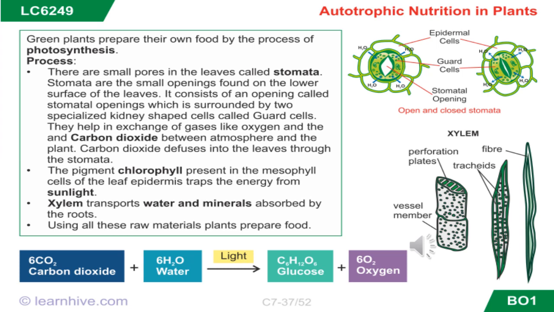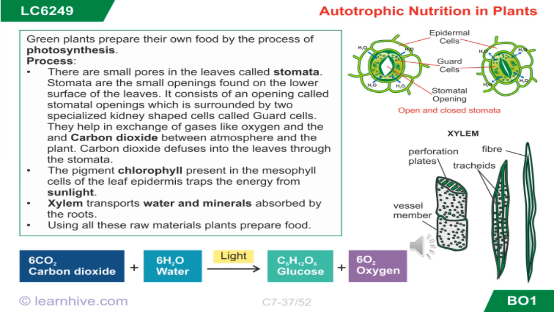They help in the exchange of gases like oxygen and carbon dioxide. Carbon dioxide diffuses into the leaves through the stomata, and chlorophyll is a pigment which traps the sunlight, and after trapping the sunlight, it initiates the process of photosynthesis.